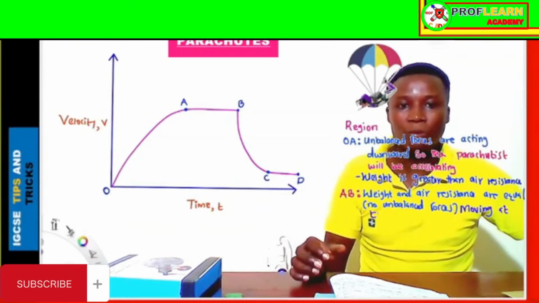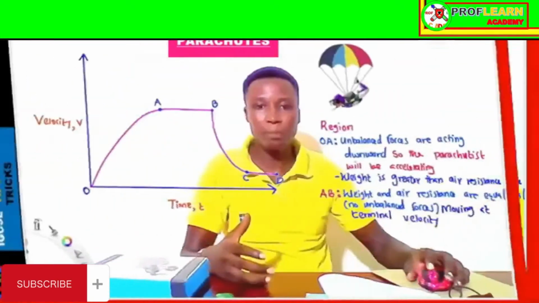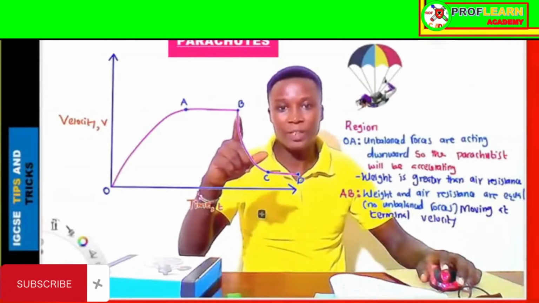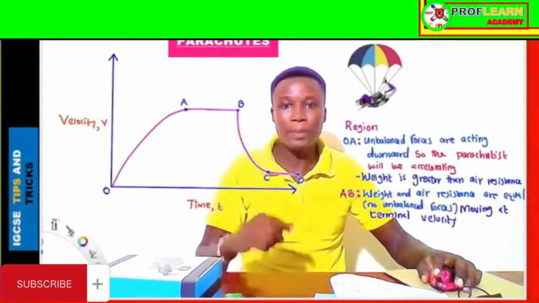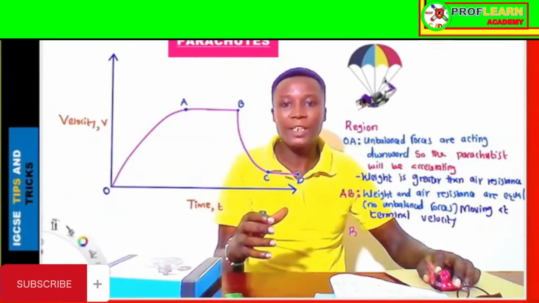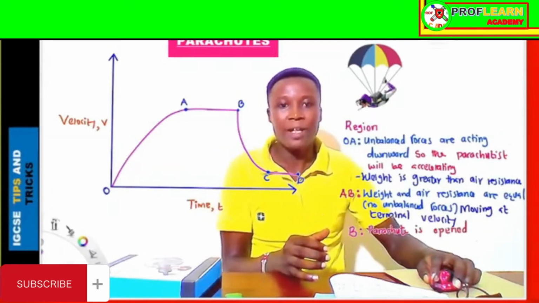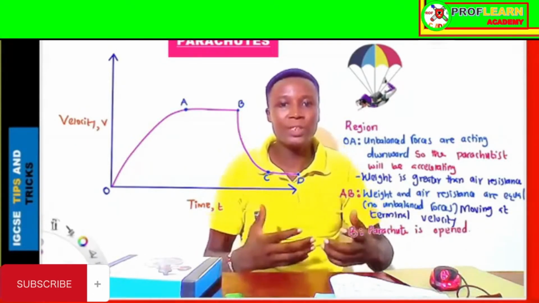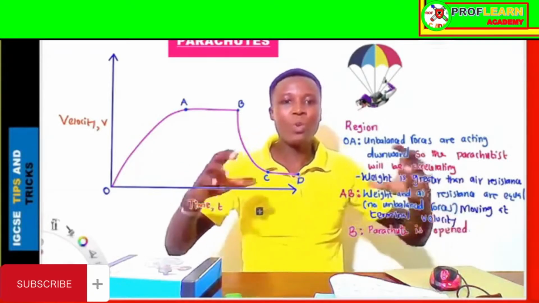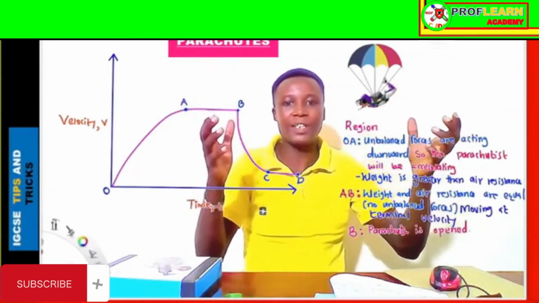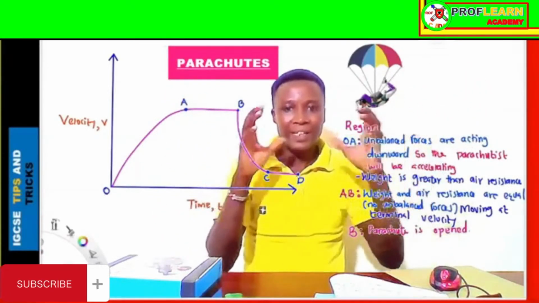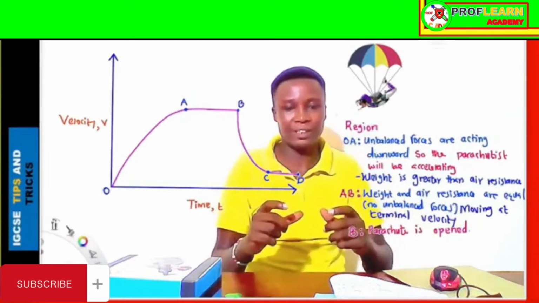Now another point we need to understand in this graph is this point B. This point B represents the instance when the parachutist is opening the parachute. Remember, the moment the parachute is opened, we're going to have a large surface area, and that is going to increase air resistance.